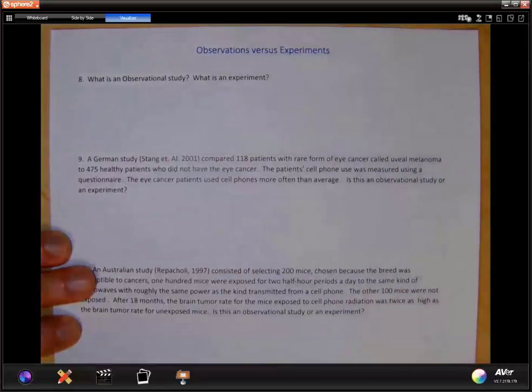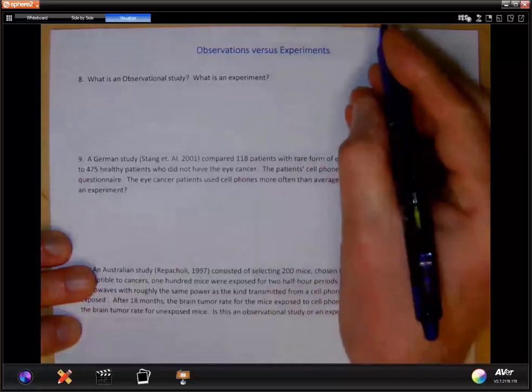Let's look at observations versus experiments. What is an experiment?